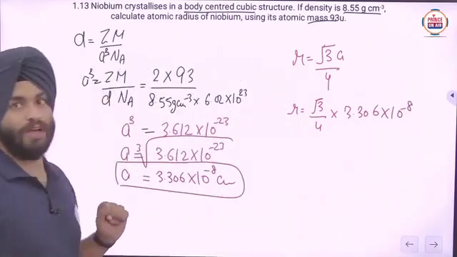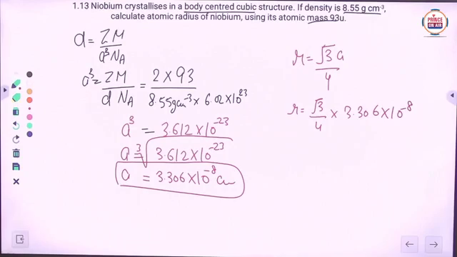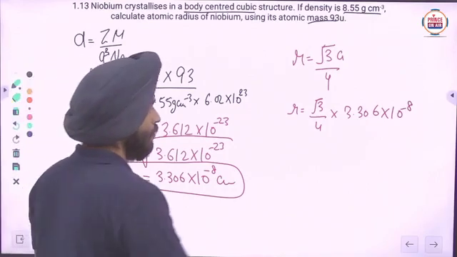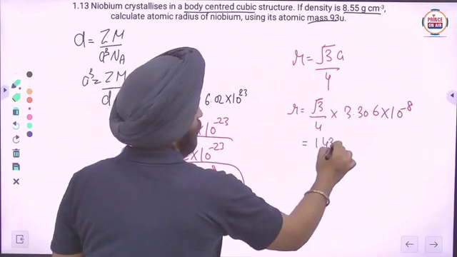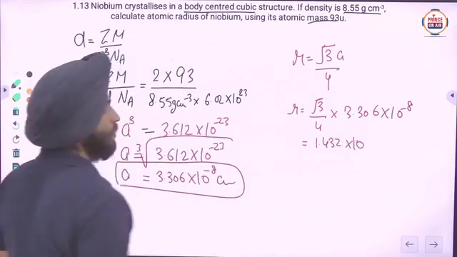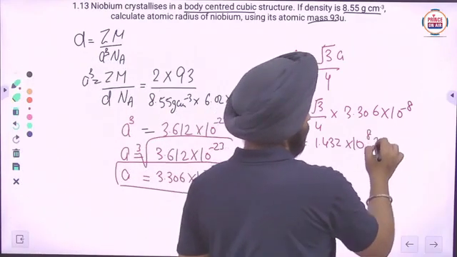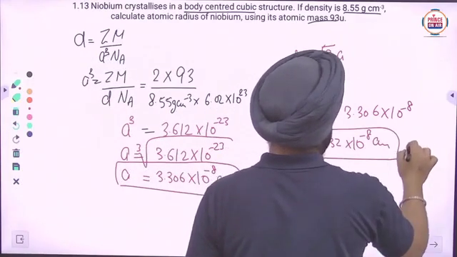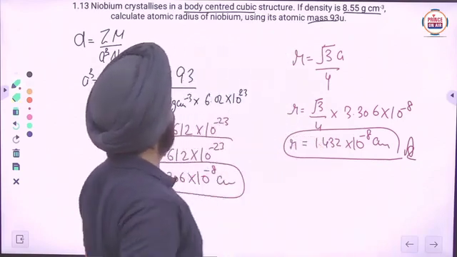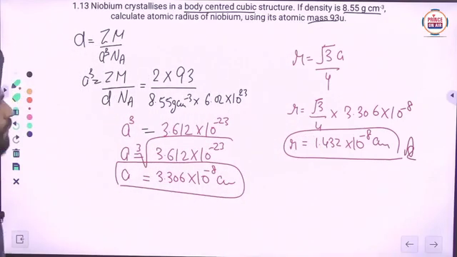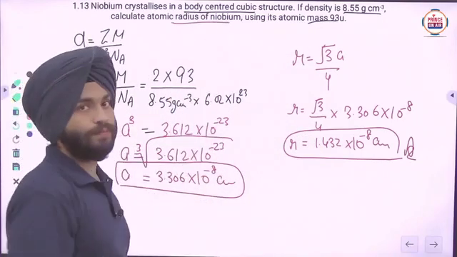Do that calculation, and by doing that calculation you will get 1.432 into 10 raised power minus 8 centimeter, which is the radius, the radius of niobium atom.